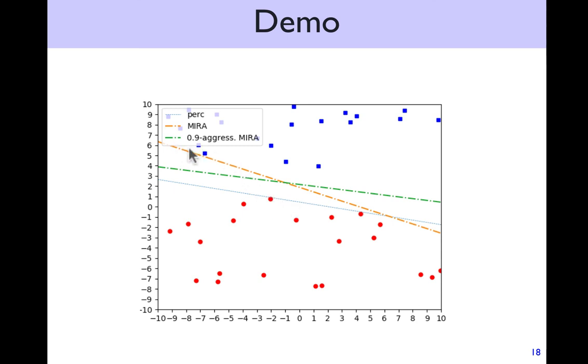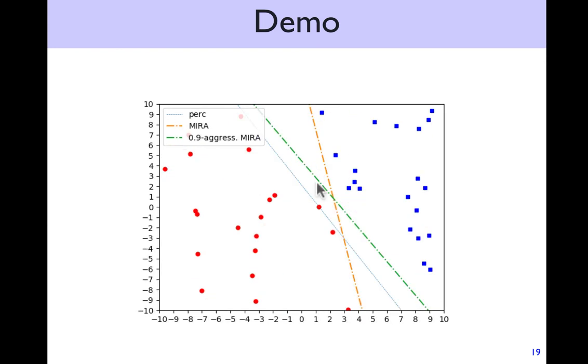MIRA has a slightly bigger margin, but really very small as well, because you can tolerate this example if it correctly classifies it. But aggressive MIRA says, no, you're not good enough. I need to be a little bit further from you in order to be safe, right? So 0.9 aggressive MIRA, which is very aggressive, has this separation boundary, which is almost like the optimal margin, if you can see it.